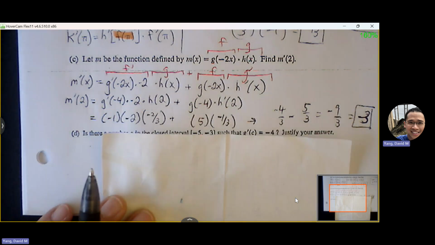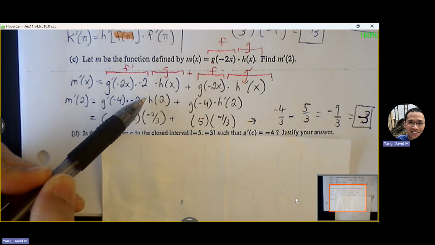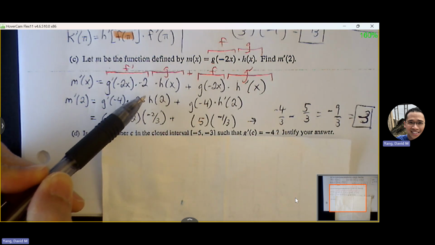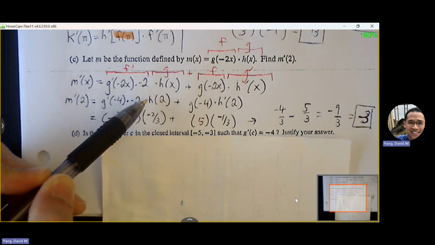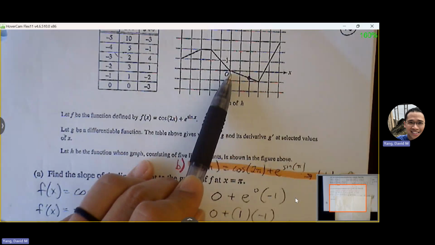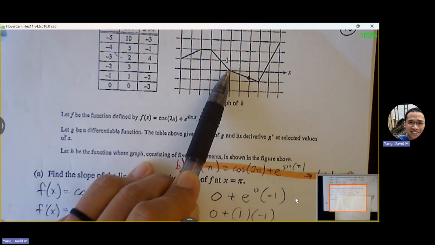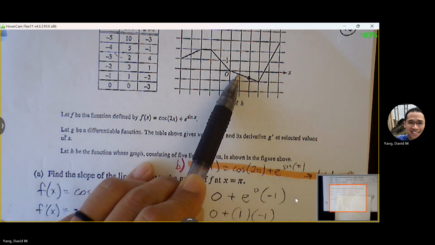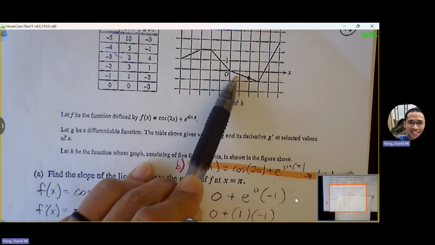Now, h of 2 is a little bit trickier just because it looks like we don't know exactly where that y value is. But if you look at your h graph, it has a slope of negative 1/3, right? So every point is going to drop by negative 1/3. And because the slope is negative 1/3, you know that every x value, every tick mark over, we're going to drop by negative 1/3.